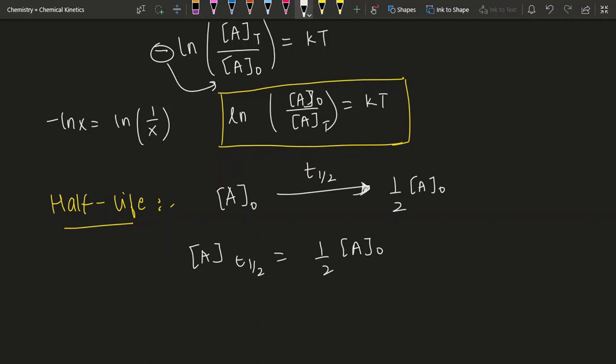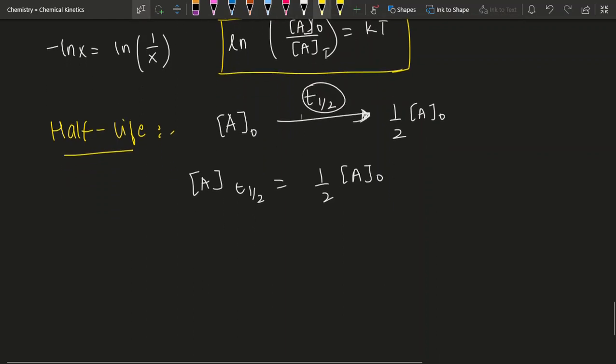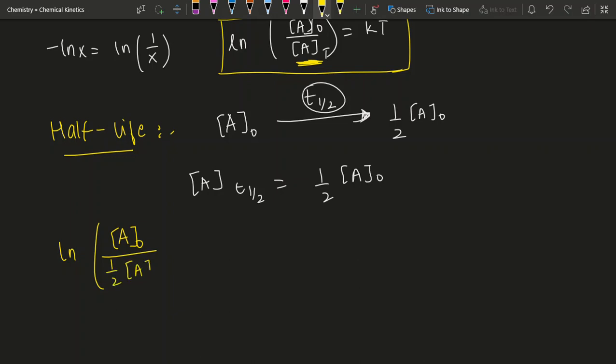And you can use this to find the exact expression of T half, the half-life. So you would write natural log of A naught over half of A naught, and that is equal to K times T half. Instead of capital T now, you wrote T half.